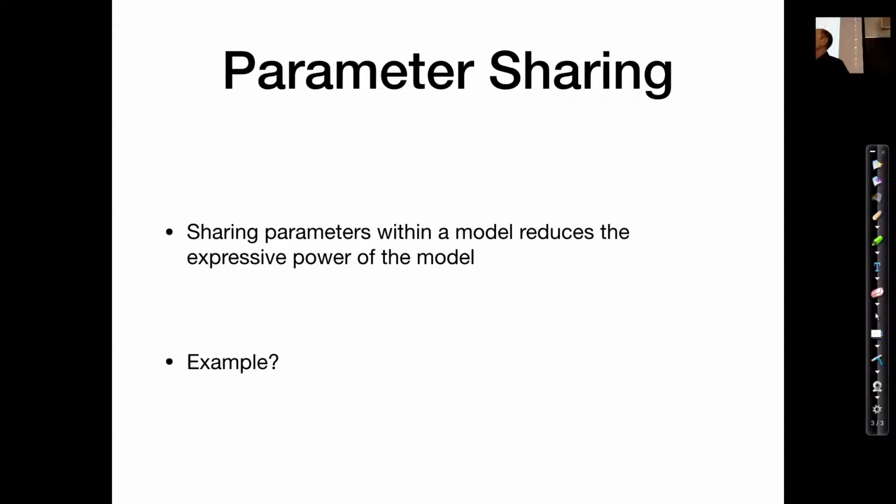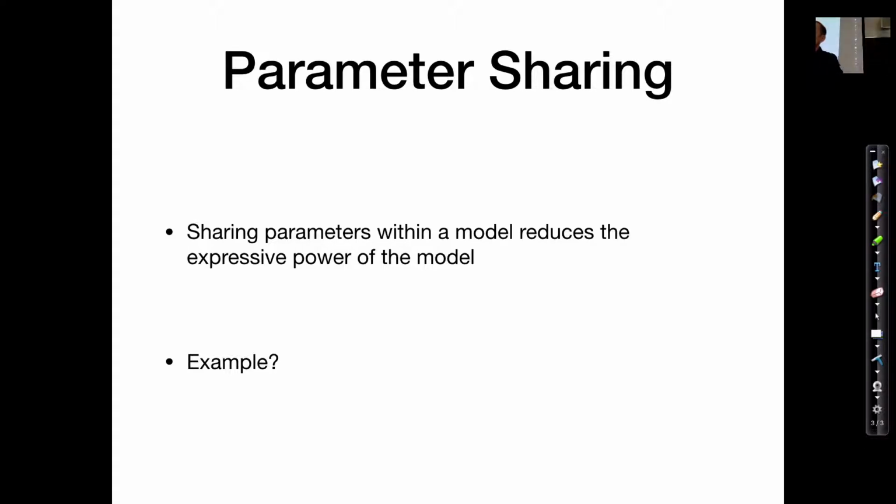So for parameter sharing, if we share parameters, there are fewer parameters. And therefore we don't have as many degrees of freedom. Give me an example. Convolution.